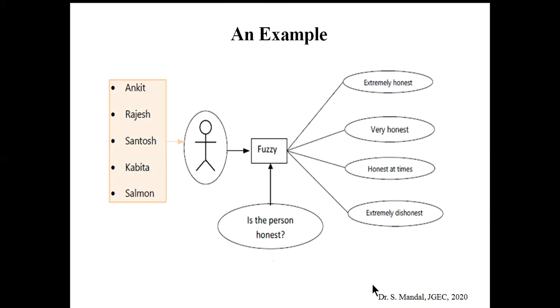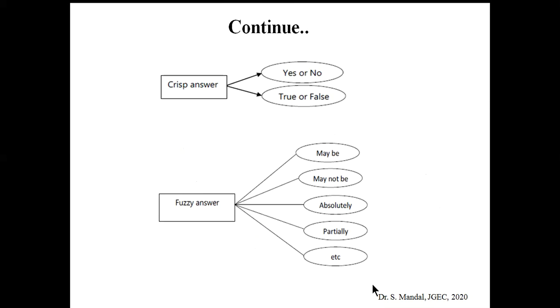Whenever we say that he is honest at some time, there is lots of uncertainty or vagueness in his honesty. This fuzziness, these uncertainties, is nothing but fuzzy. Fuzzy logic mainly deals with this kind of problem where lots of vagueness is associated with the data.